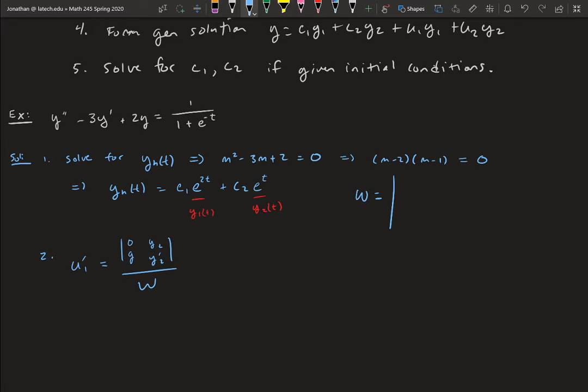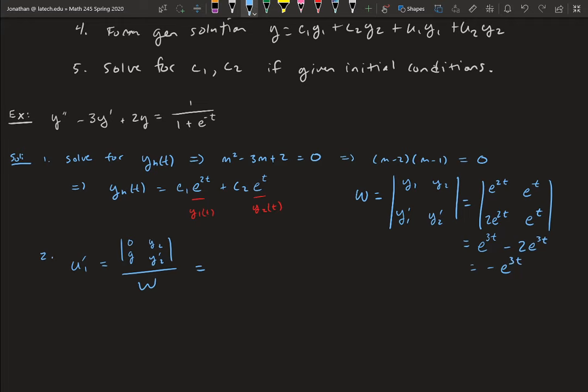It's the determinant of y1, y2, y1 prime, y2 prime, which is e to the 2t, e to the t, 2e to the 2t, e to the t. That Wronskian turns out to be e to the 3t minus 2e to the 3t, which is negative e to the 3t.